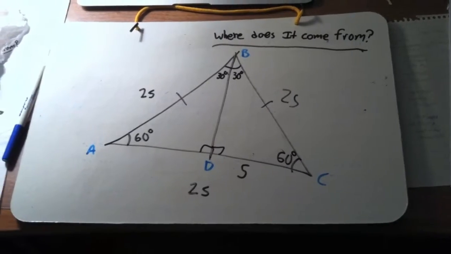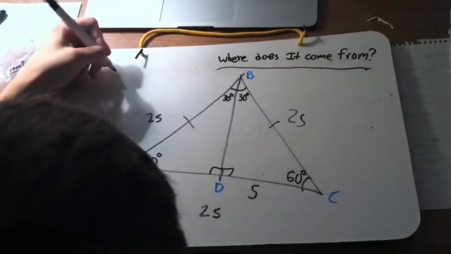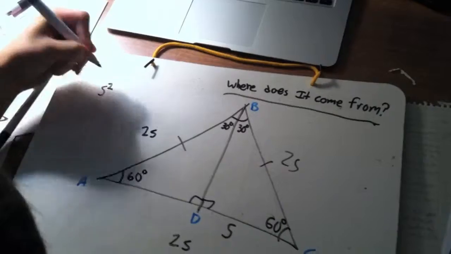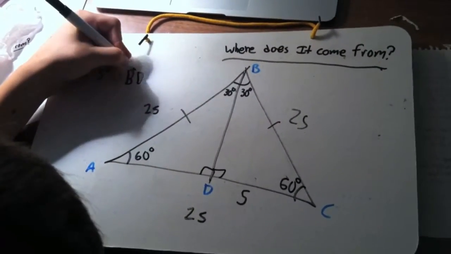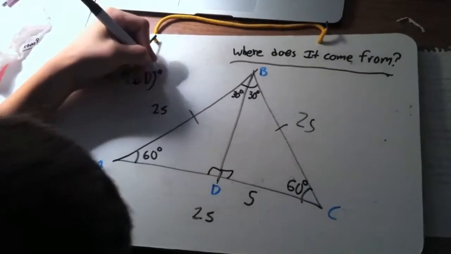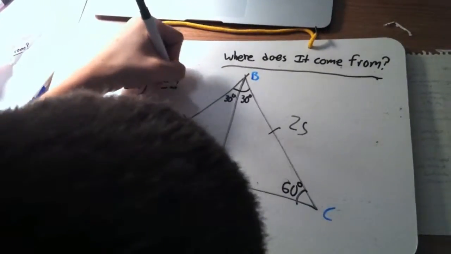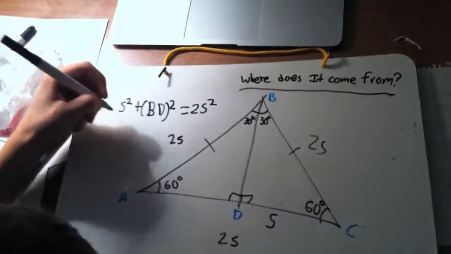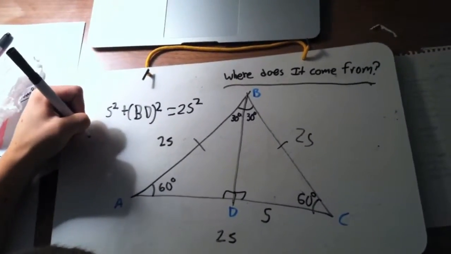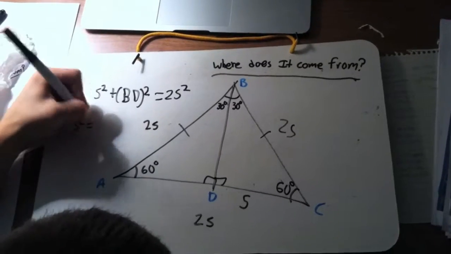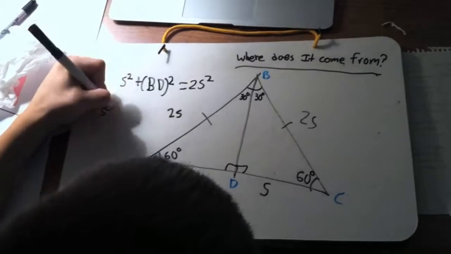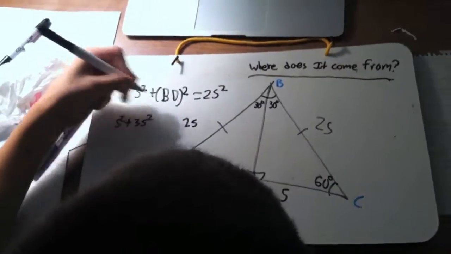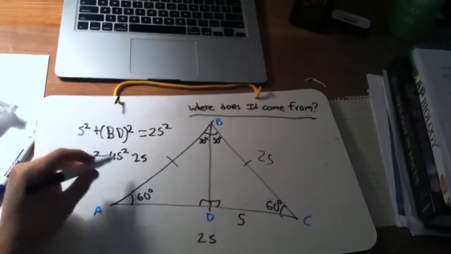Now, if we do Pythagorean, we set up the equation S squared plus BD squared equals 2s squared. This simplifies down to s squared plus 3s squared equals 4s squared, because this must add up to 4s squared.